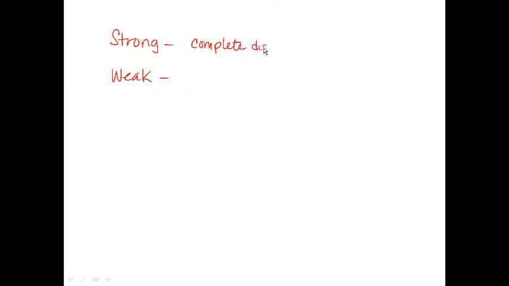It means that you have complete dissociation in water. Classic example of a strong acid is HCl, because when I react HCl with water, I get 100% of H3O plus and 100% of Cl minus.